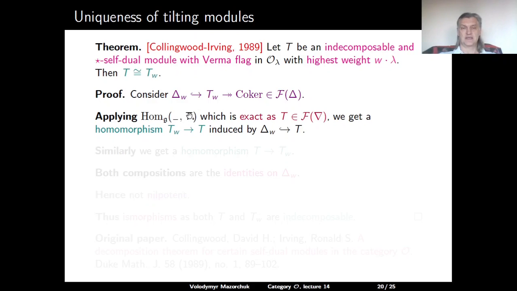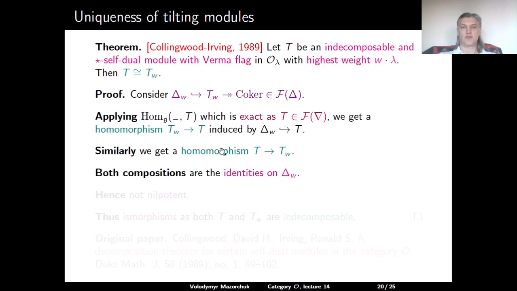And from that short exact sequence, we get a homomorphism from T(W) to T, which is induced by the natural inclusion of delta W into T, which is given by the highest weight of T. And similarly, one gets a homomorphism from T to T(W), the homomorphism in the other direction.